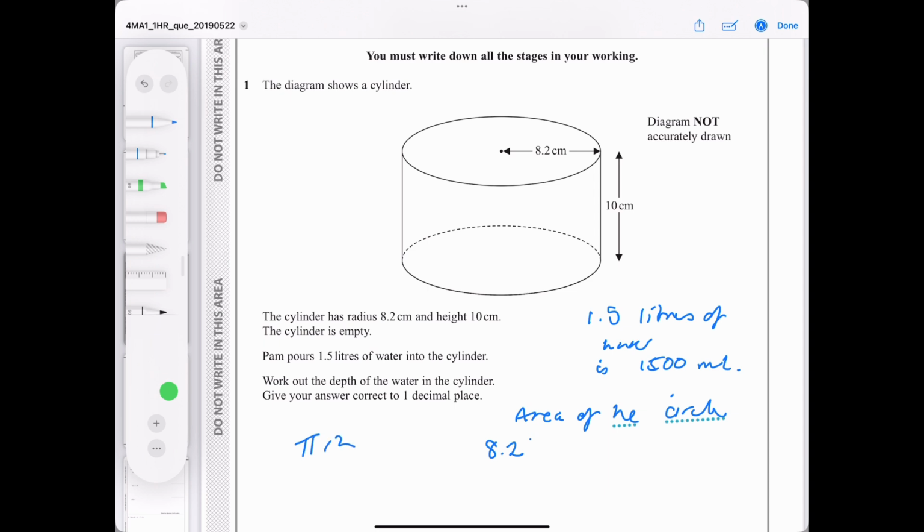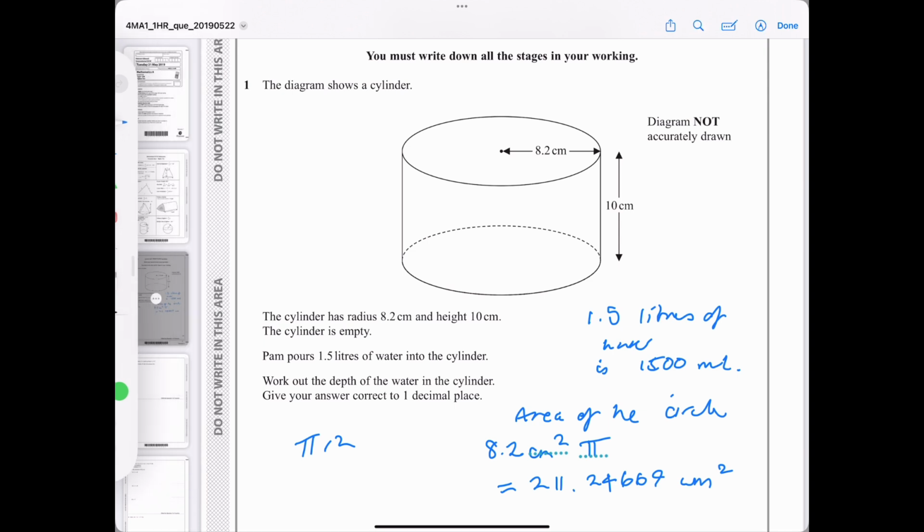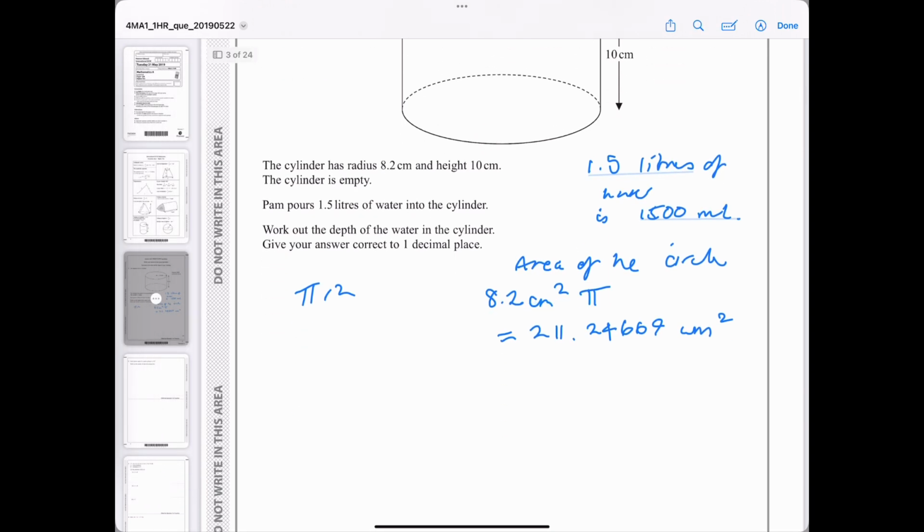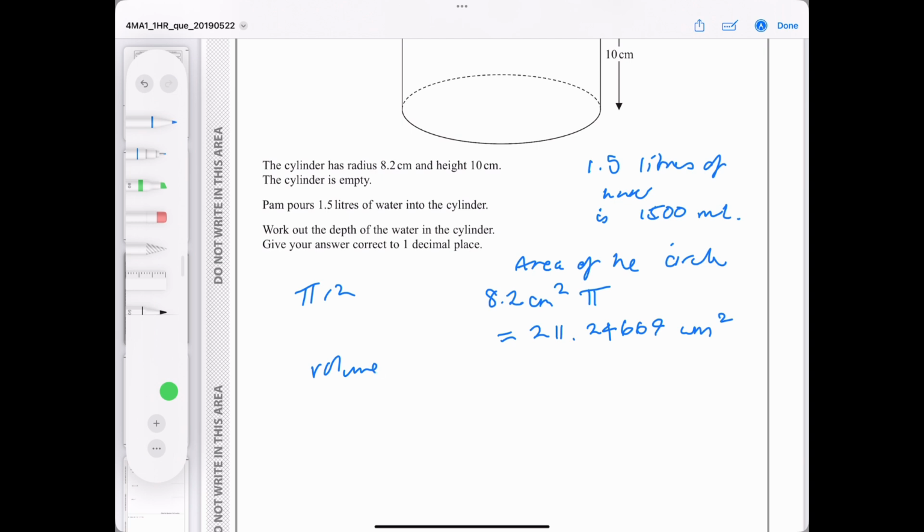So it'd be 8.2 centimetres squared times pi, which is 8.2 times 8.2 times pi equals 211.24669, I think it says, centimetres squared.